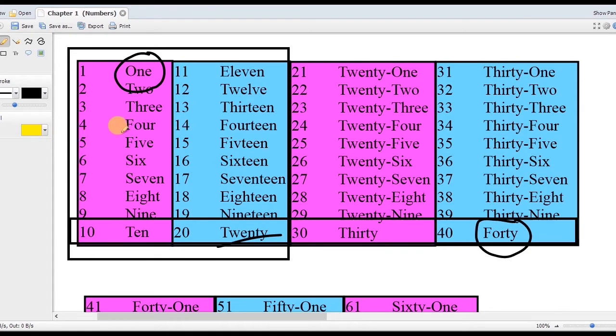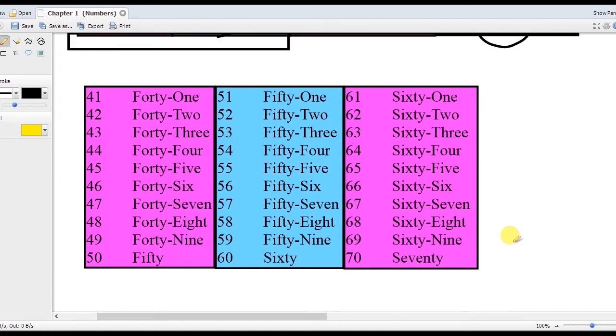I took it from here. This is 4, and since I know that 4 is FOUR, I simply put TY as an extension. That is a wrong extension. So you must be careful with the number 4 and the number 40. It is actually FORTY. Got it? Okay, moving on.